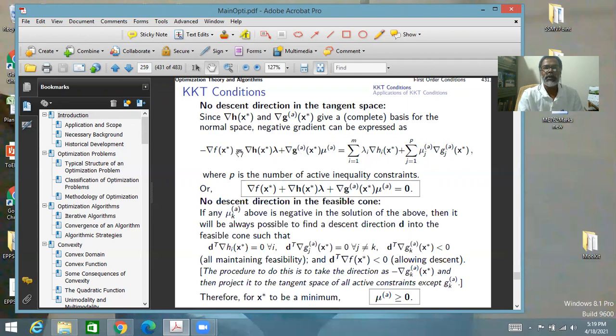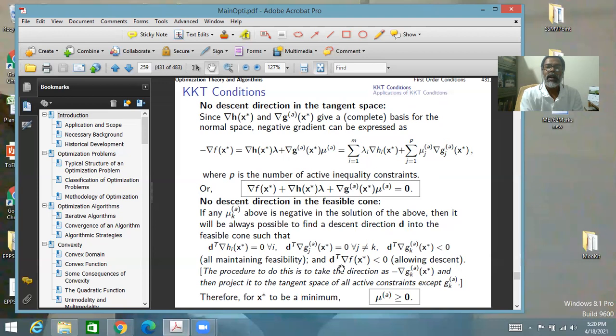That is what you would do when you try to express this as a linear combination of these things. So if one of the mu's you get is negative, then it will always be possible to find a descent direction which will make the corresponding constraint GKA inactive and go into the interior. And along that direction, you will get this as negative, which will allow descent.